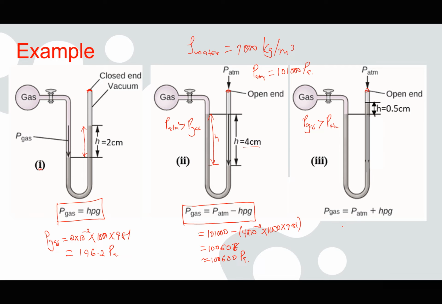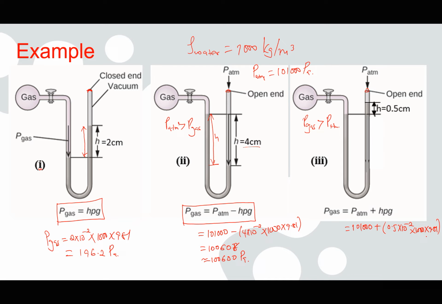Then in this case, the pressure of the gas is going to be atmospheric pressure, which is 101,000, plus the pressure due to that height, which is going to be 0.5 times 10 to the power of minus 2, then times 1000 times 9.81.